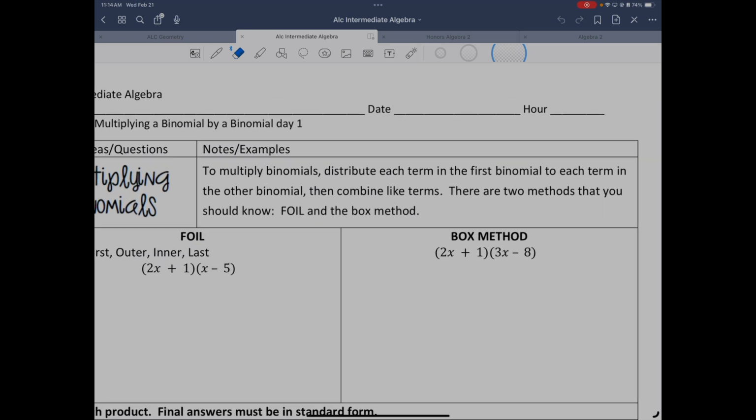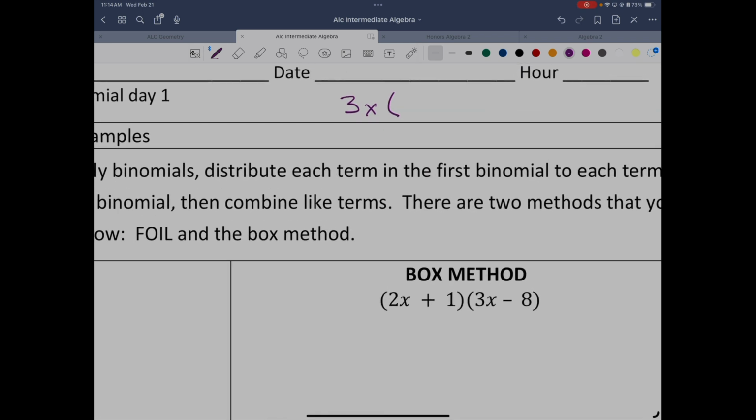Yesterday what we worked on is multiplying monomials times binomials. So as an example of what we worked on yesterday, we worked on taking something like 3x times x squared plus 2x plus 1. For the most part, you guys did a nice job with your homework of just distributing that into both pieces.